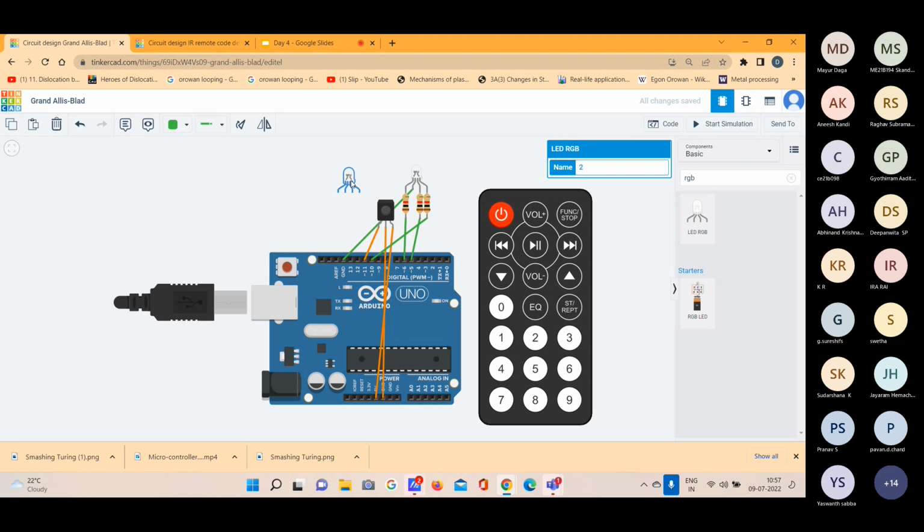So actually you can control the brightness of red, blue, and green color using PWM.